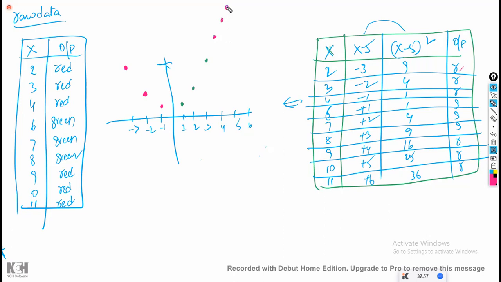Okay, green and red are ready and the scatter plot is ready. Now, once the scatter plot is ready, you can draw a straight line in such a way that it separates these data points like this. For example, let us assume this is the diagram.